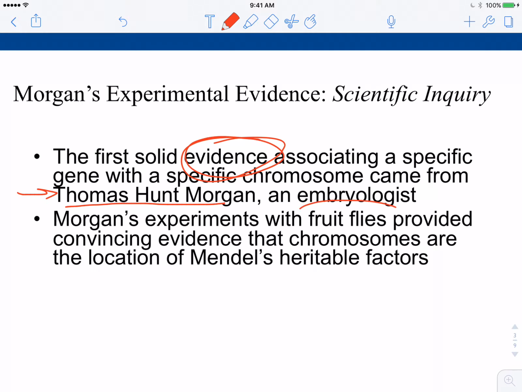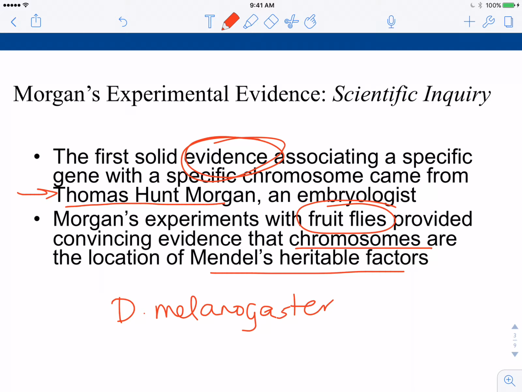Morgan did experiments with fruit flies, Drosophila melanogaster, and he provided experimental evidence that chromosomes are where Mendel's heritable factors are located.